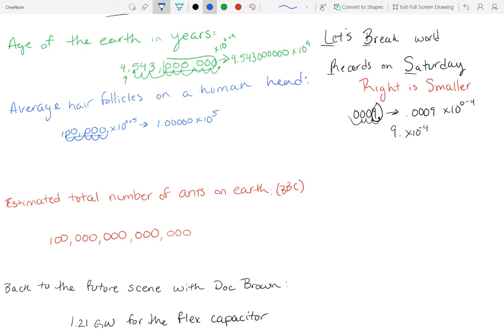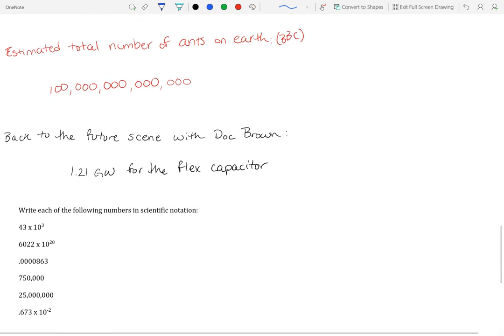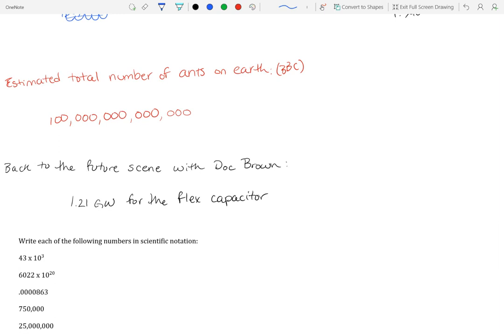Okay? Let's move on to the next example, which is the estimated total number of ants on Earth. And that's according to BBC. They say that there's 100 trillion ants on planet Earth, which is a lot of ants. So let's establish a decimal point right here and count how many significant figures there are.